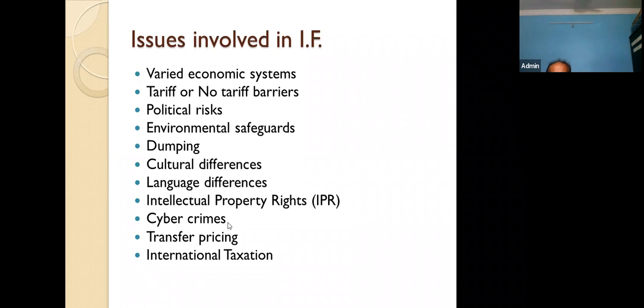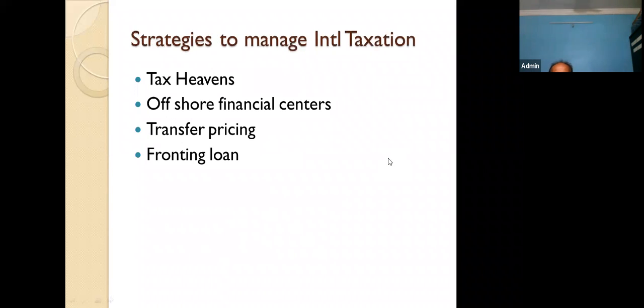Even in India, in Pune, we have a separate cell for cyber crime, and they have ethical hackers. So they watch at an international level. Then transfer pricing, international taxation. These are some issues in international finance.